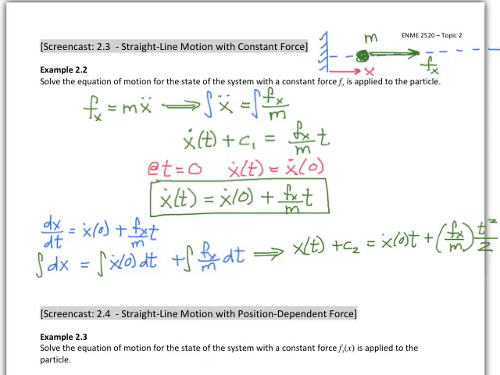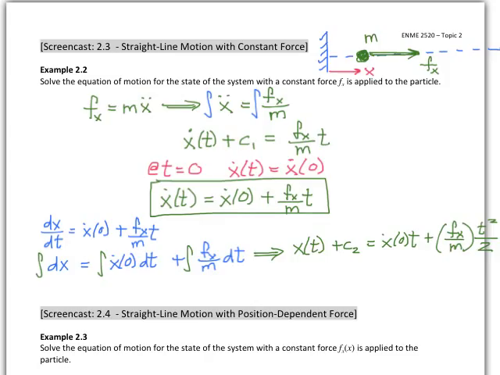And after integrating, we get this expression where we have that the position as a function of time plus a second time constant is equal to the initial speed multiplied times time plus our constant, which is the force divided by the mass, and then multiplied by t squared divided by 2.